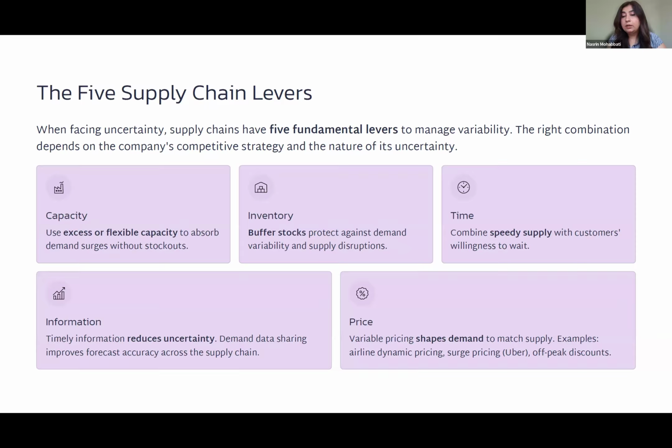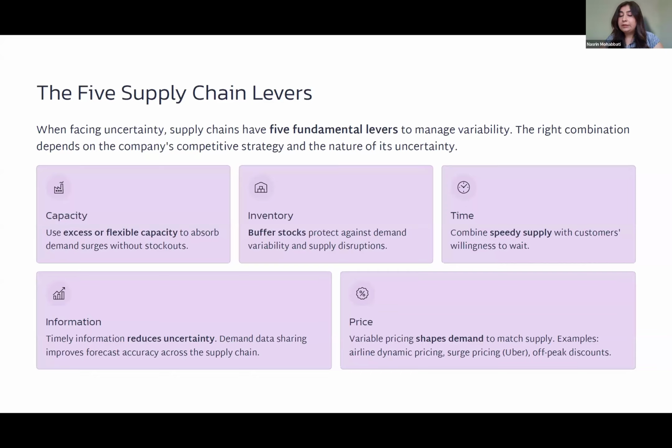The airlines, they do increase the ticket prices closer to the flight departure time, because then they want to balance and make sure that they fill out the seats, but also work with different customer segments.